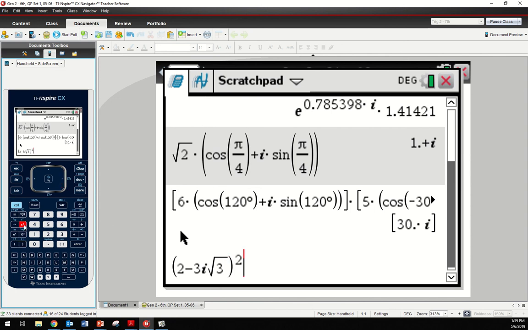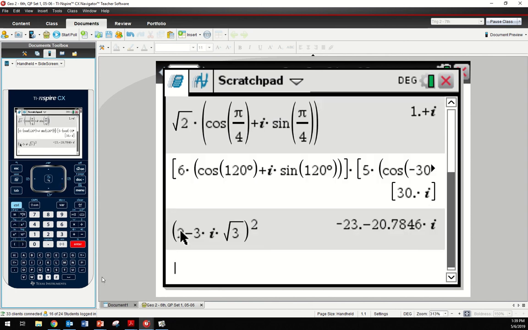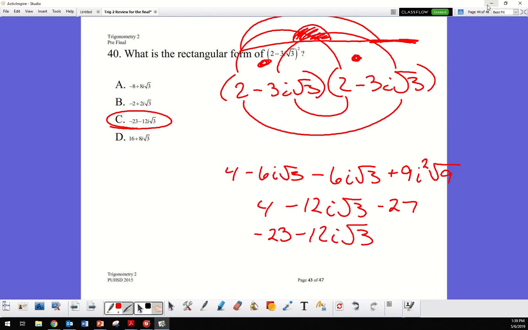Hit enter. Negative 23 minus 20.78i. So the only one that it could be would be this one here anyway, right? But if it wasn't, you plug it all in there to check it.